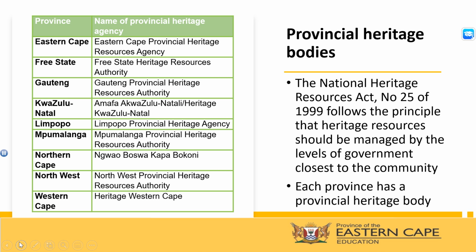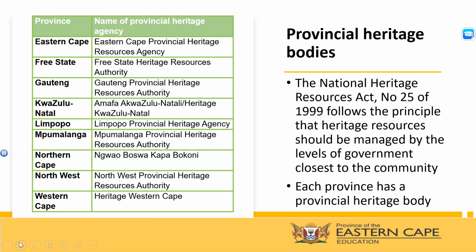Now, that act follows the principle that heritage resources should be managed by the levels of government closest to the community. So if we take a look at that, your heritage resources should be maintained by the levels of government closest to the community. And let's unpack that a little bit.